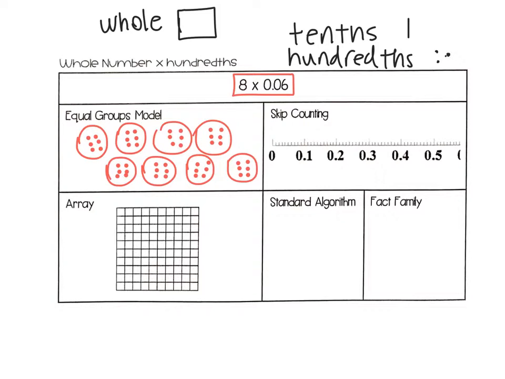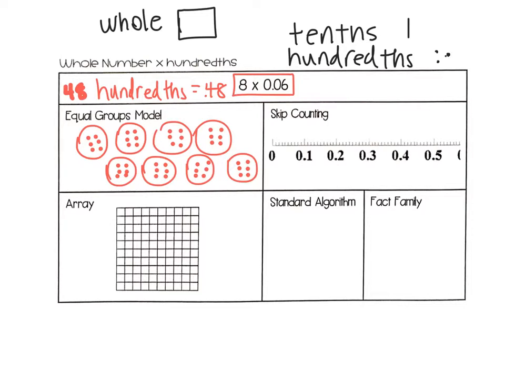We know that 6 times 8 is 48, and we know we're counting our hundredths. So 48 hundredths, written as a decimal, would be 0.48.